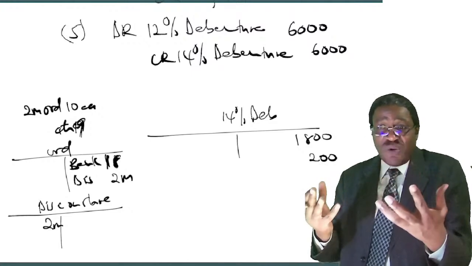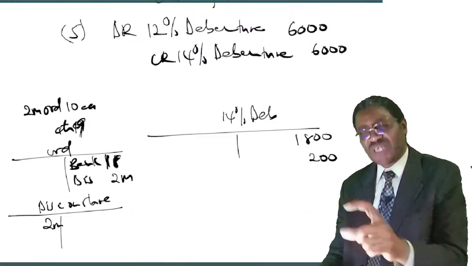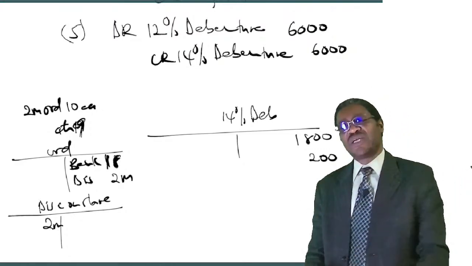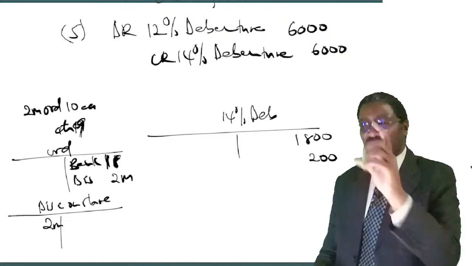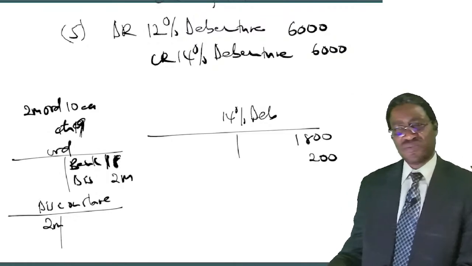Then finally, at the end of the year, you take it to the P&L account as a loss. But now we are reconstructing the company, and any loss made in the process of reconstructing the company should go to the capital reduction account.